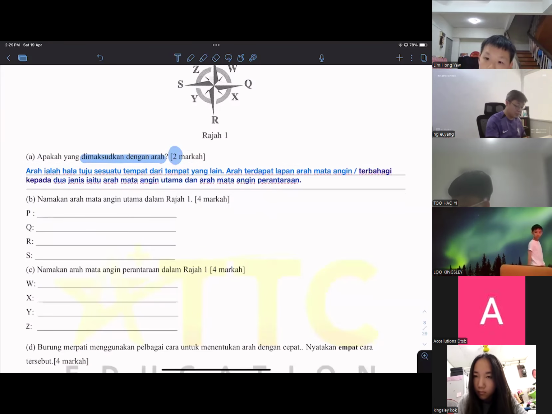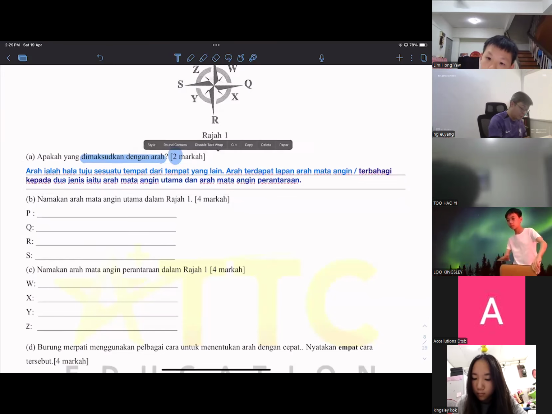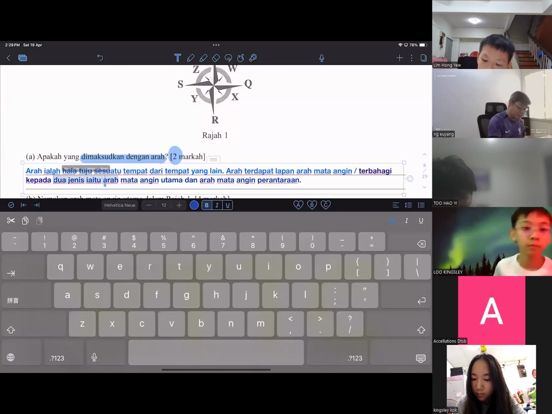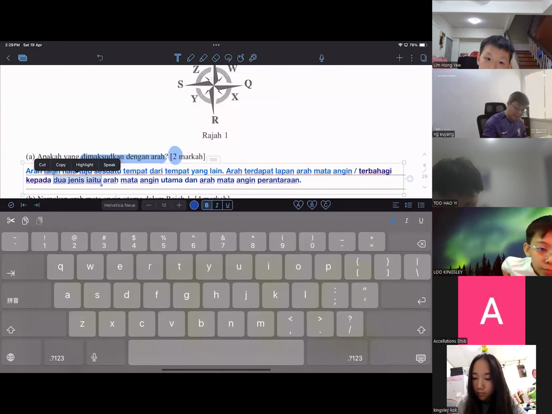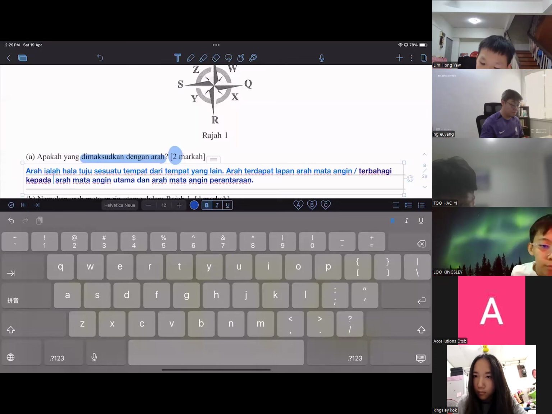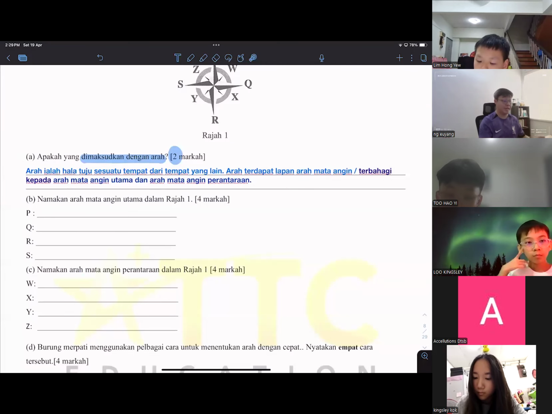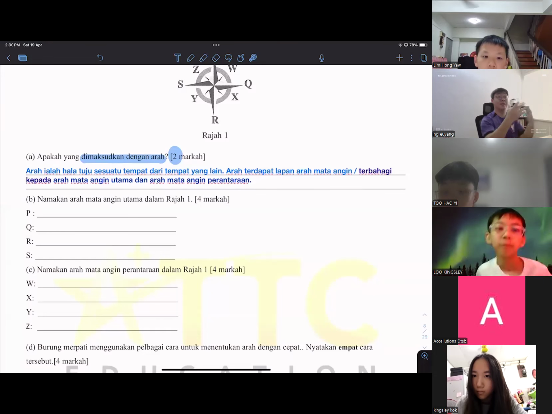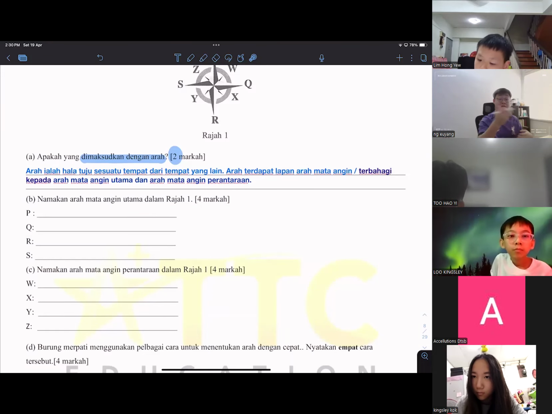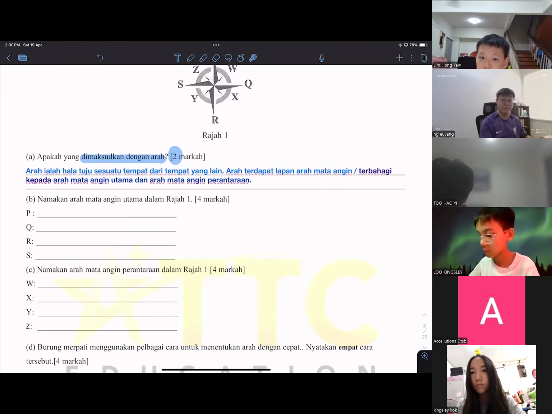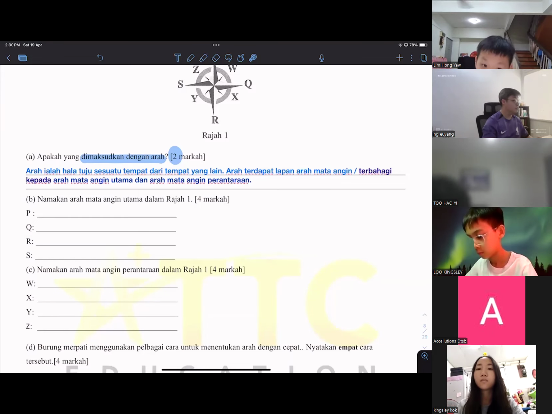Terbahagi kepada arah mata angin utama dan arah mata angin perantaraan. That's shorter and much more simplified. This is what we call learning. We have communication, not just receiving the full answer from the teacher only. You can provide your own opinion. That's why we are trying to come up with the best solution. Good try, Harry.